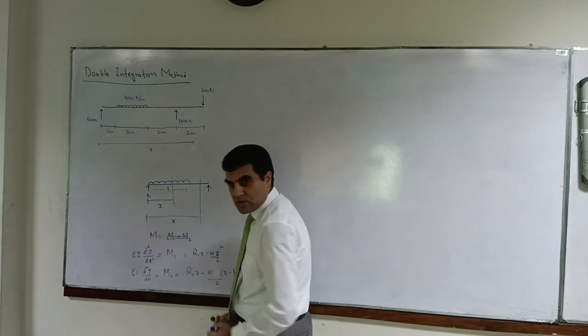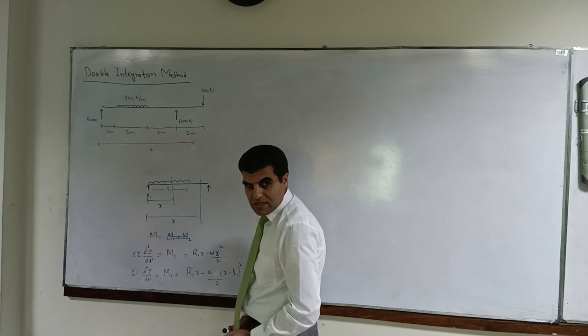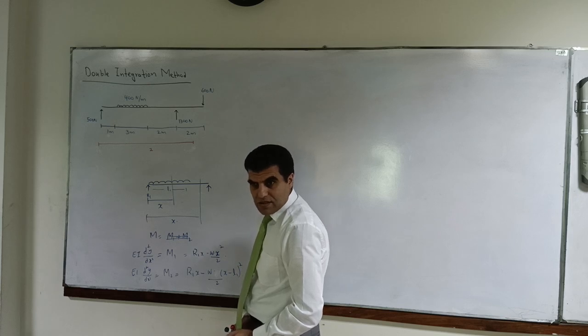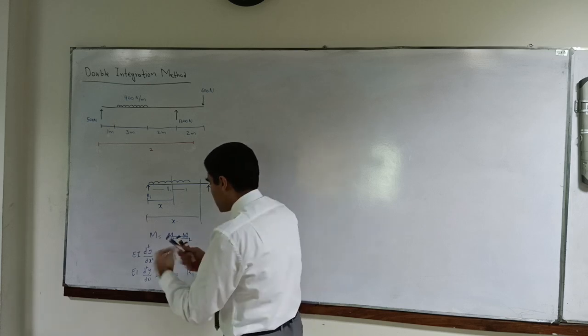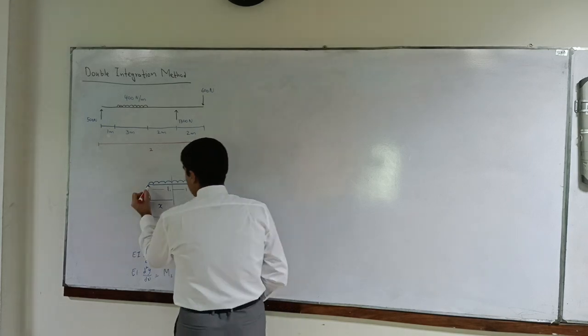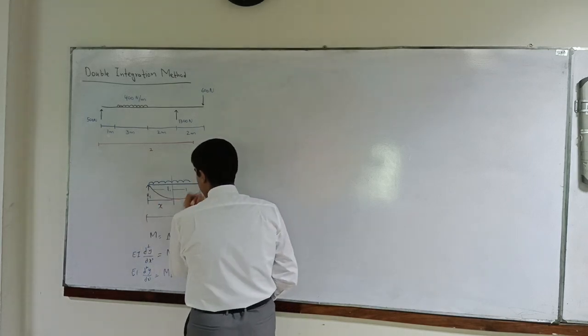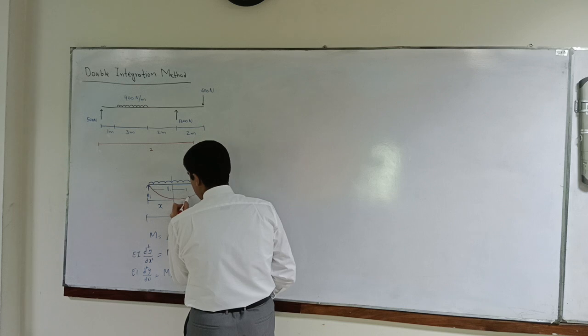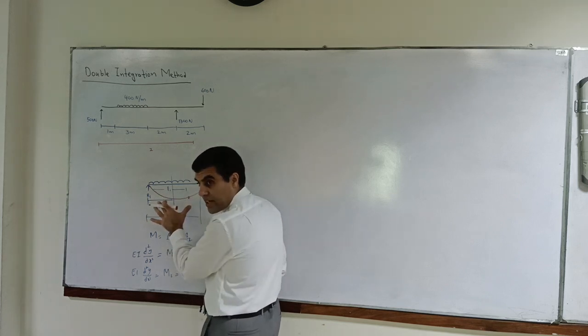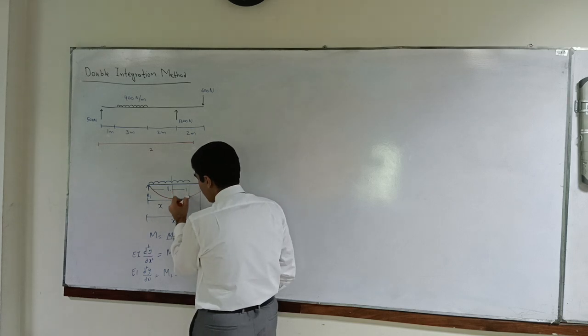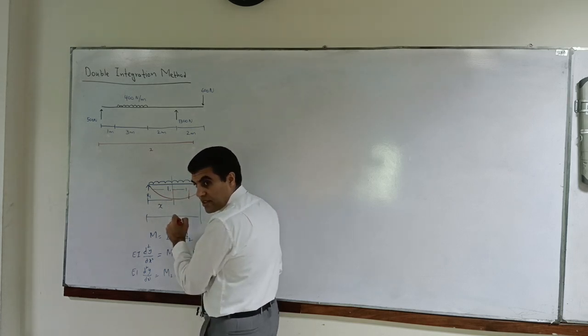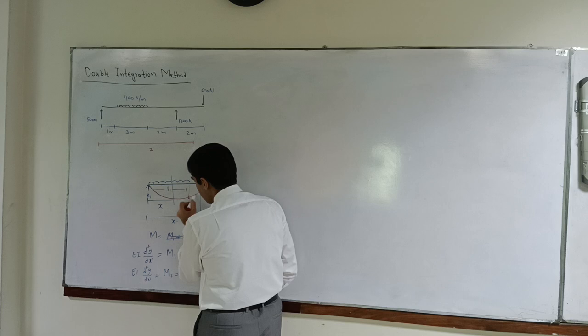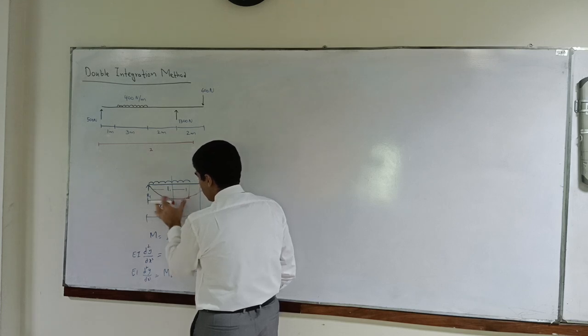So how can you overcome that? By making one equation. You can overcome that by saying that your elastic curve at this point, the deflection is the same and the rotation is the same.